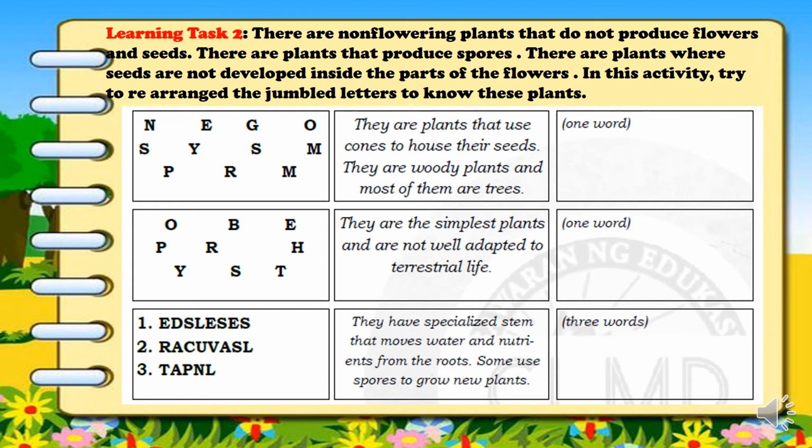On the first column, you have the different letters, for the second column, the meaning of that word, and for the last column, your answer. Okay, so you will answer it on your own.